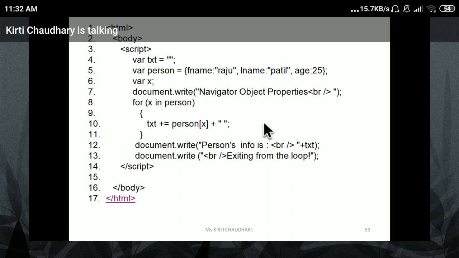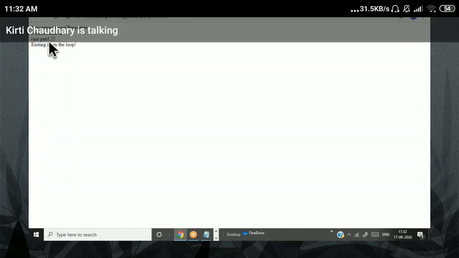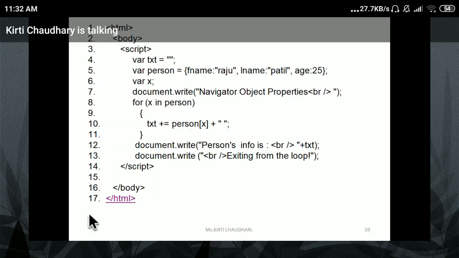It will go inside the loop and give output. You will get the output as a person Raju Patil and 25 because it is the object.